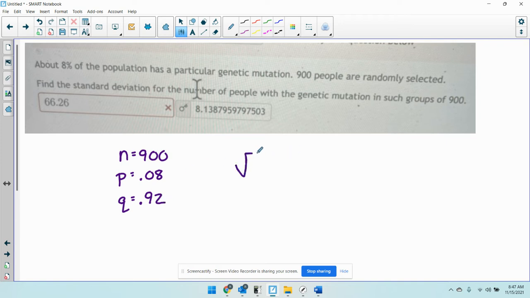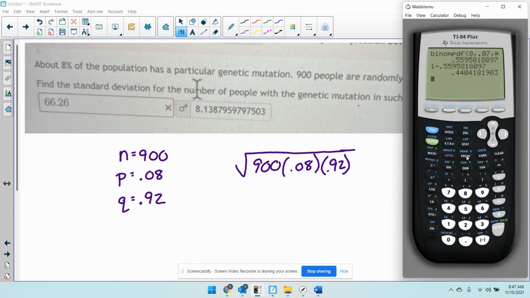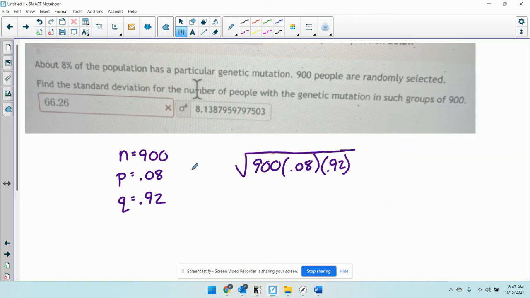So I'm just going to do the square root of 900 times 0.08 times 0.92. That's where we get the 8.13879, and so on. Okay, that's just a formula from the formula sheet.